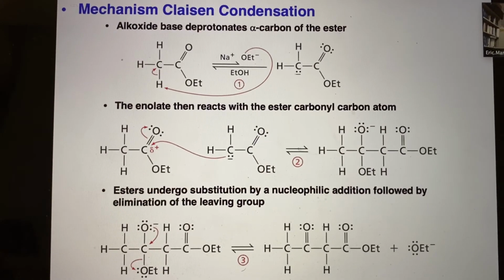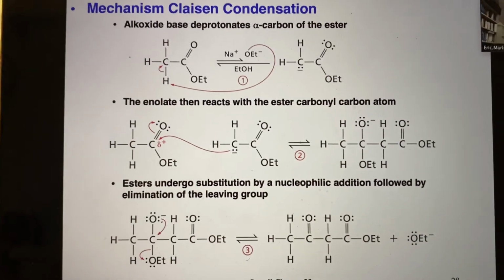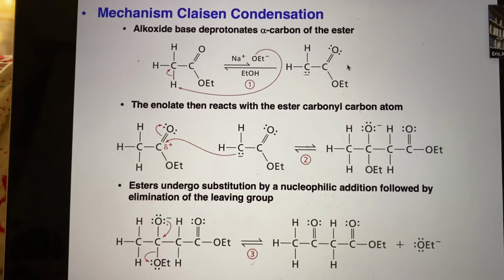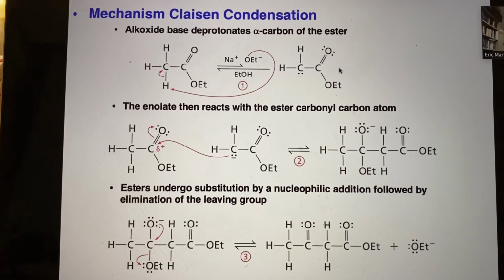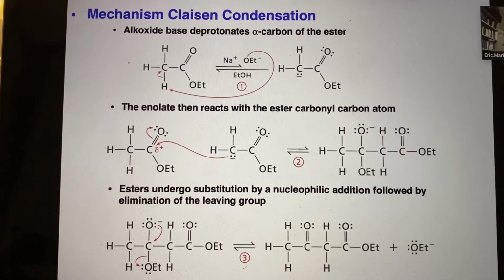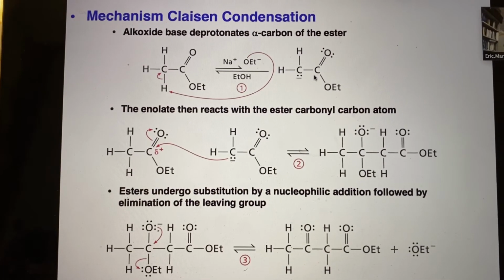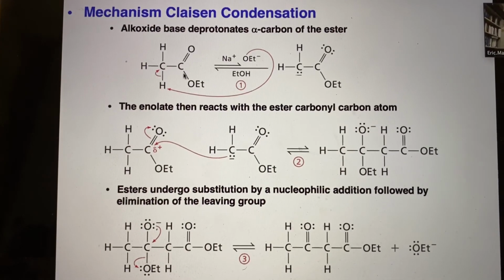So think about this first reaction in acid-base chemistry. I have a weak acid going to the stronger acid in ethanol. Notice that we always talked about the direction: strong acid, strong base always goes to the weaker acid-base pair. So if my products have the stronger acid and stronger base, notice the equilibrium is shifted not towards products, but towards reactants.